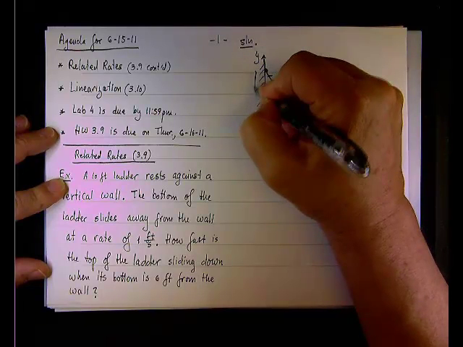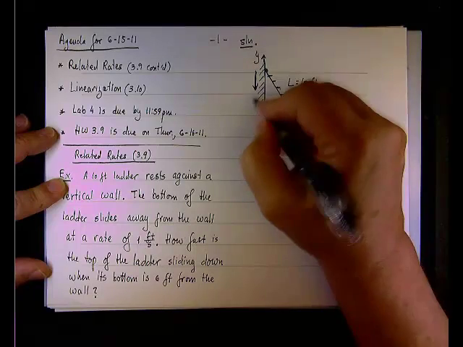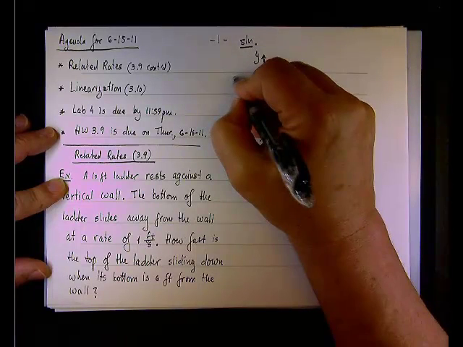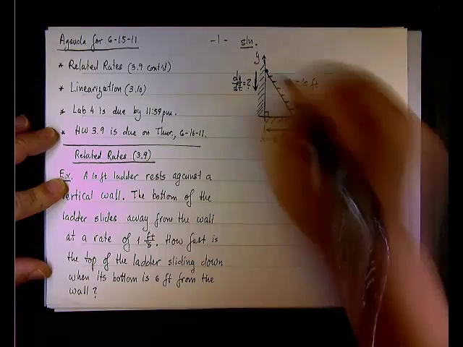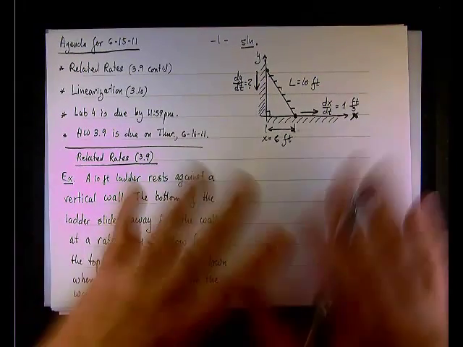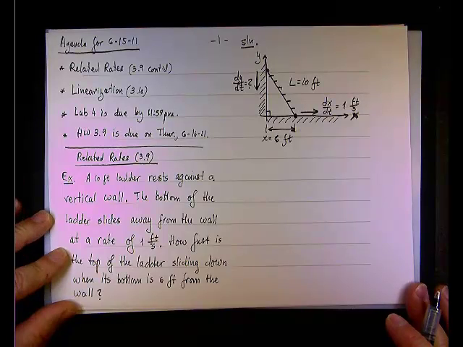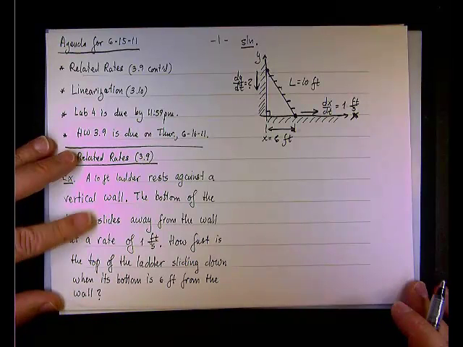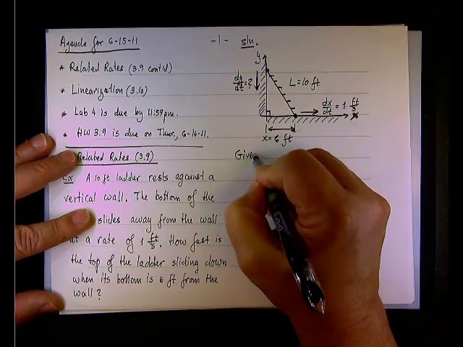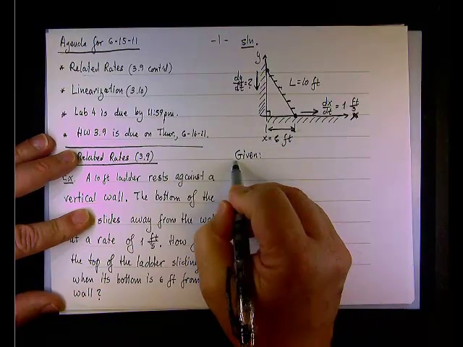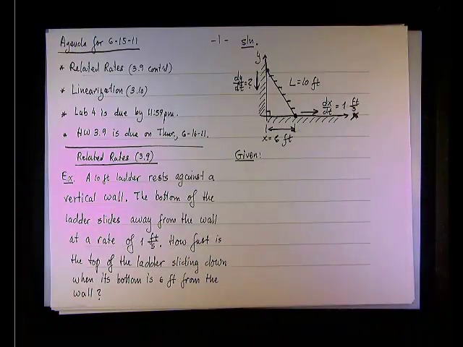We want to find out at what rate the top of the ladder is sliding down. Sliding down, the rate will be dy/dt, and this is what we want to find.